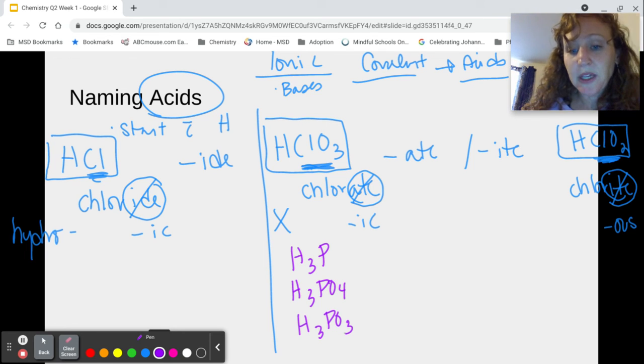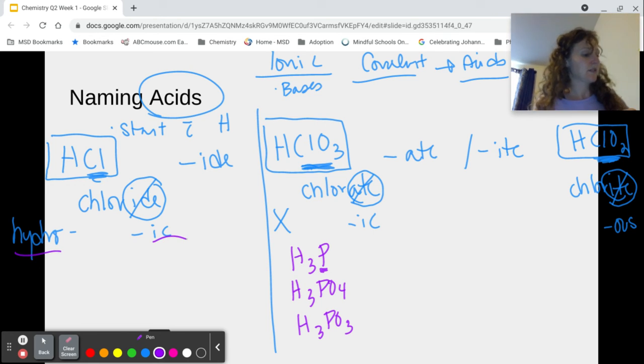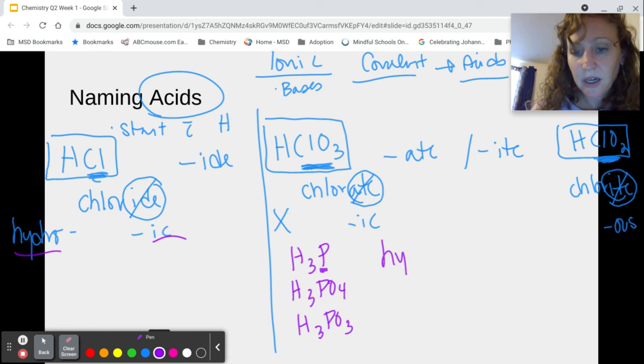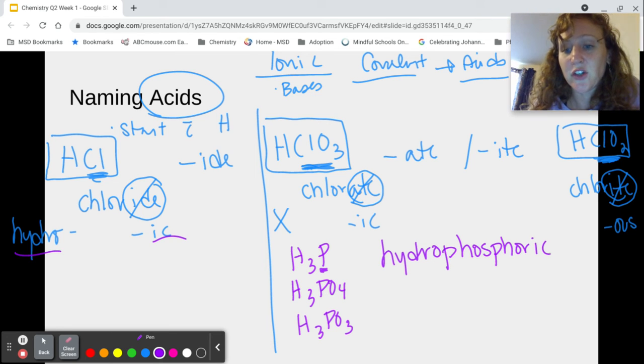All right, so H3P, the anion is phosphide. And so we're going to give it the prefix and the suffix. So hydro is our prefix, phosphor, and then instead of "ide," I'm going to have "ic." Hydrophosphoric acid. H3PO4, the anion is phosphate.